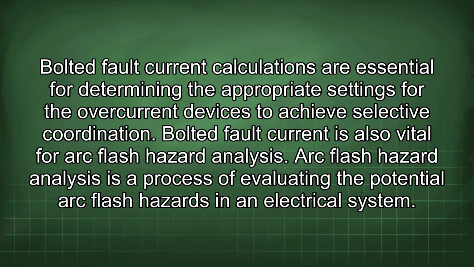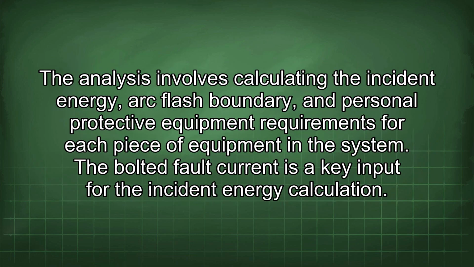Bolted fault current is also vital for arc flash hazard analysis. Arc flash hazard analysis is a process of evaluating the potential arc flash hazards in an electrical system. The analysis involves calculating the incident energy, arc flash boundary, and personal protective equipment requirements for each piece of equipment in the system.